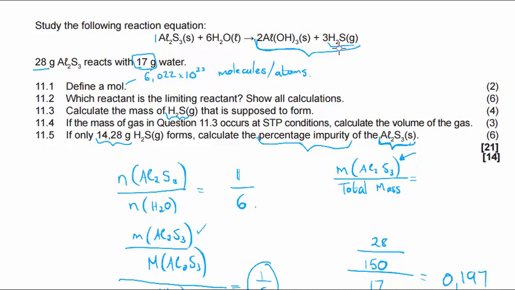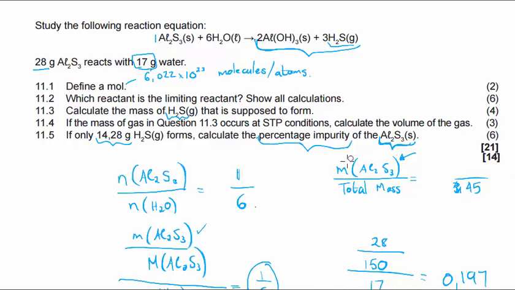Add the grams for 28 and 17. Exactly, that's conservation of mass. The mass before and the mass after must be the same. You get that? So we know what the total mass is. It's 17 plus 28, that's 45. So I know 45.